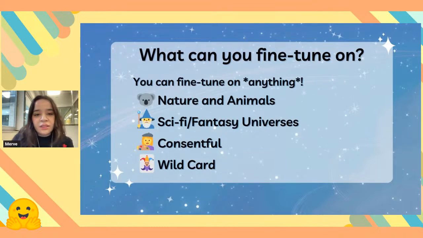There is absolutely no limitation on what you can fine-tune on. We have 4 categories as of now, and the first one is nature and animals, in which you can fine-tune on your pet or some panoramas, or there was one instance where someone fine-tuned on the galaxy images from James Webb Telescope, anything that you can think about nature. And you can fine-tune on sci-fi or fantasy universes, which is one of the most popular categories that I have seen on Hugging Face Hub.